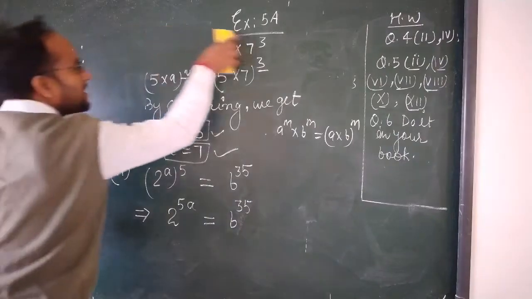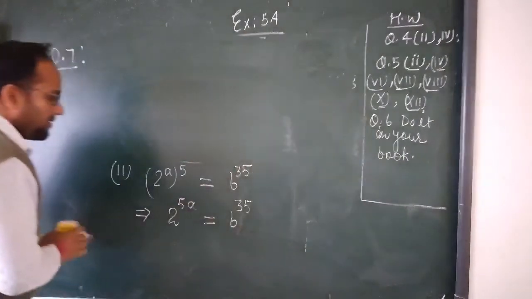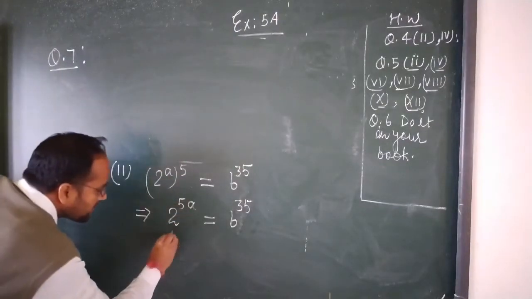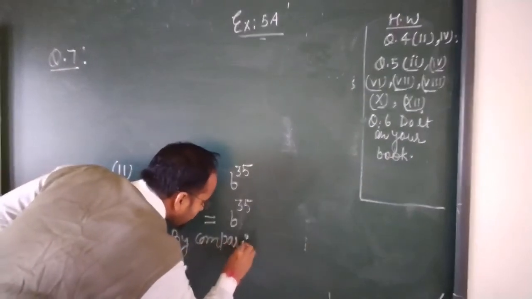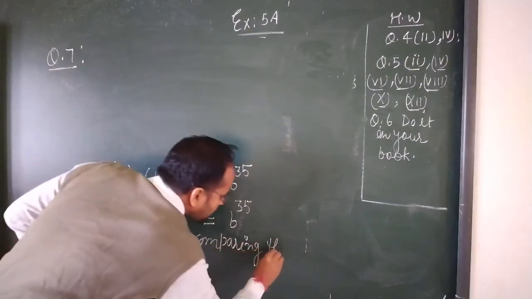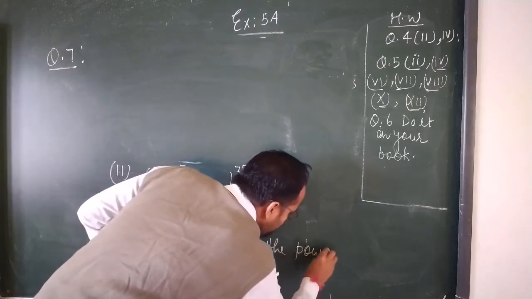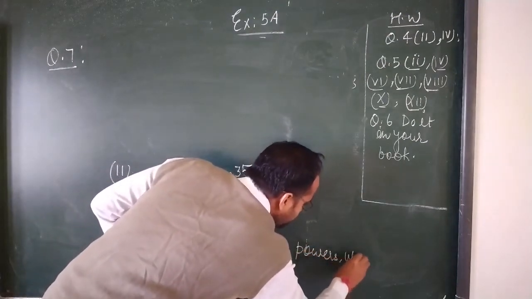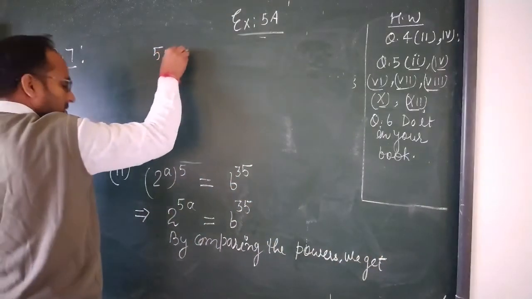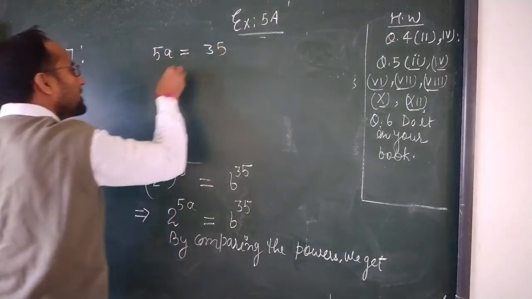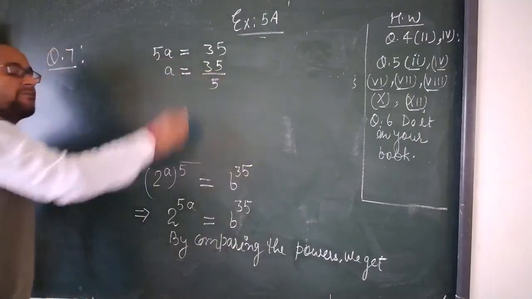I will erase this first one. See here, by comparing the powers, we get 5A is equal to 35, then A is equal to 35 by 5, because 5 is in the form of a multiplication.